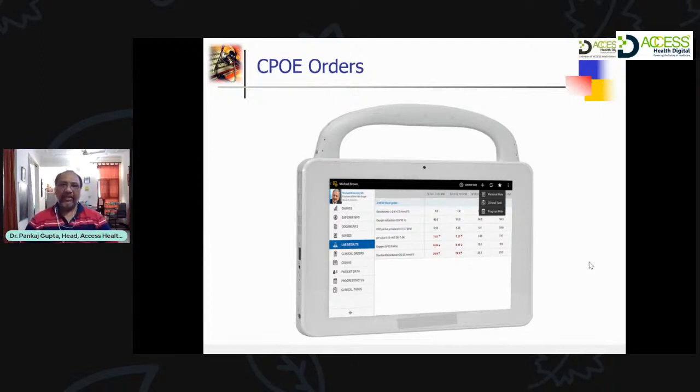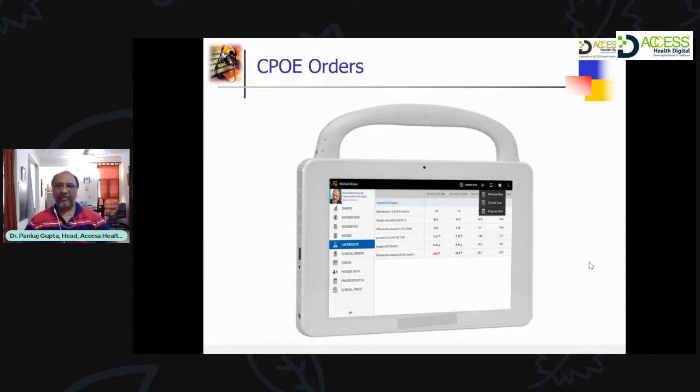So many of these models you will see in hospitals. They are given to the physician, the clinician, the nurses, so that the orders can be given at the bedside or anywhere, on the move, when the doctors and the nurses are on ward rounds.